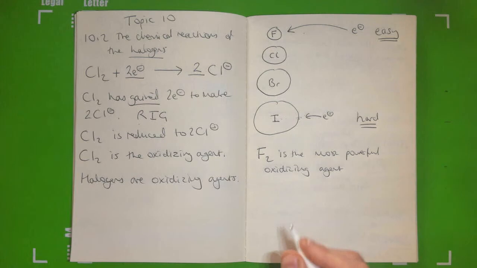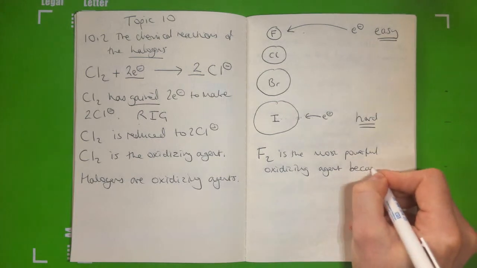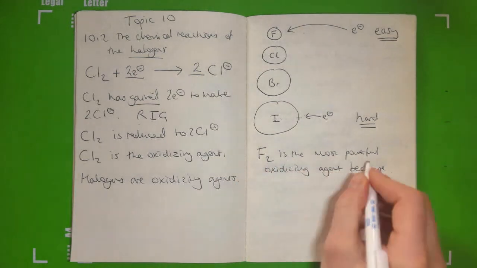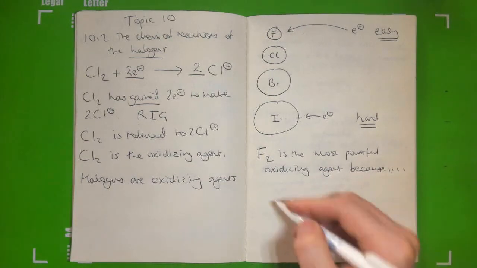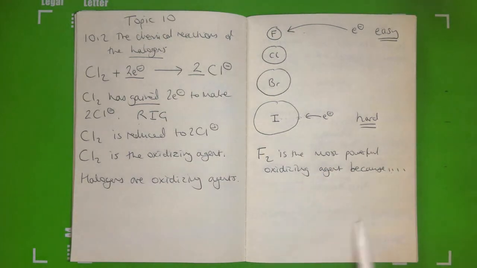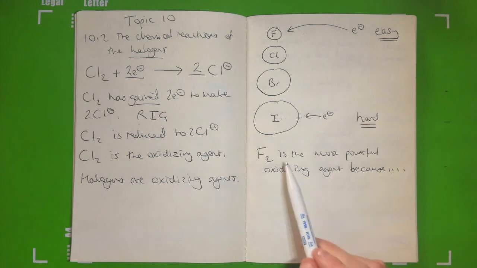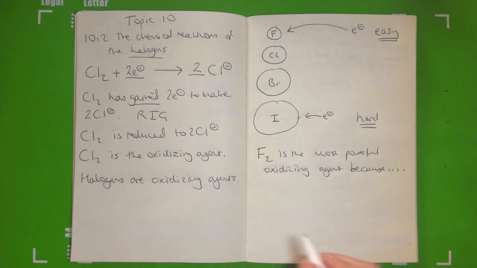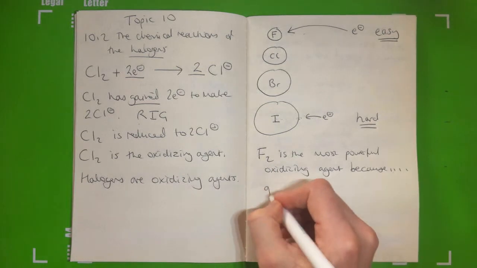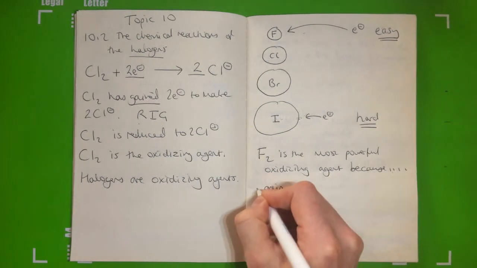What I want is an explanation of that. So F2 is the most powerful oxidizing agent because, so I'm going to give you some keywords here, and I want you to write an explanation of why that actually is. Perhaps compare F2 with something like I2. So here are the keywords.